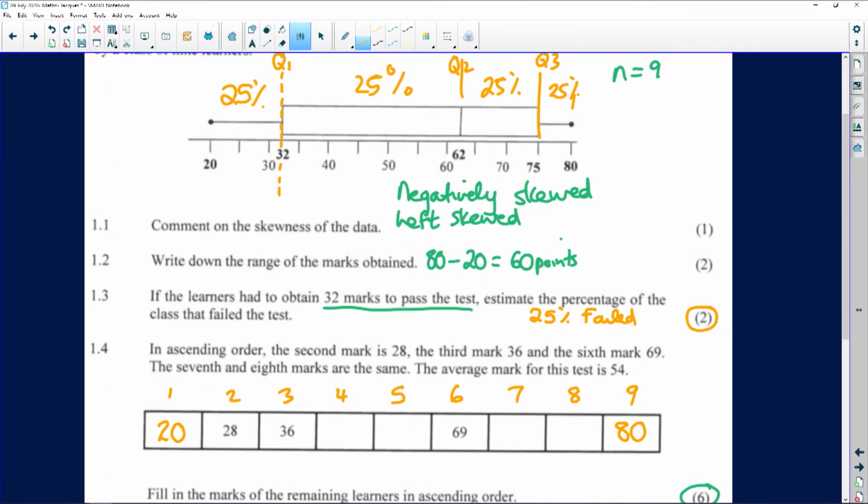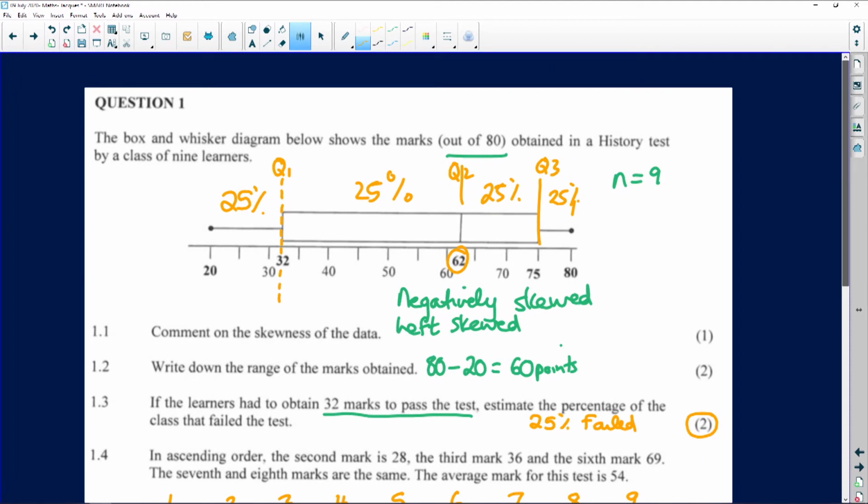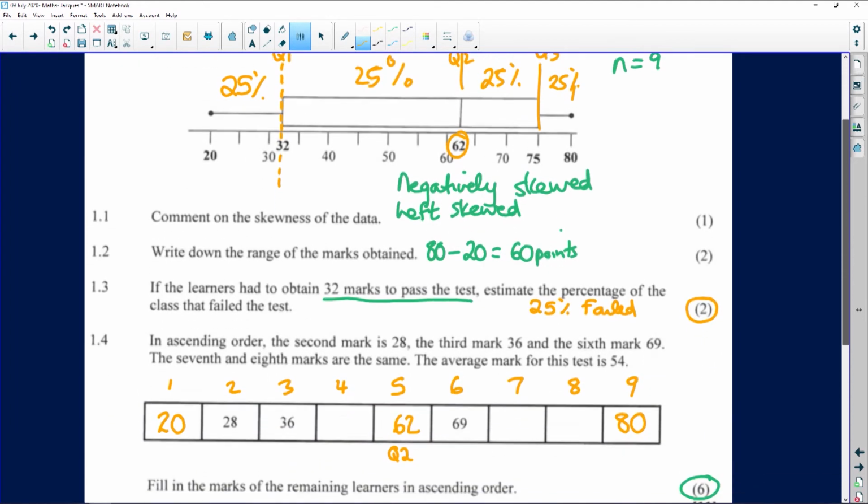You halve that number, and that is where your median is lying. 9 plus 1 is 10, halved is 5. Aha! So this is where quartile 2 is, the median. And the median they gave us as 62 marks.